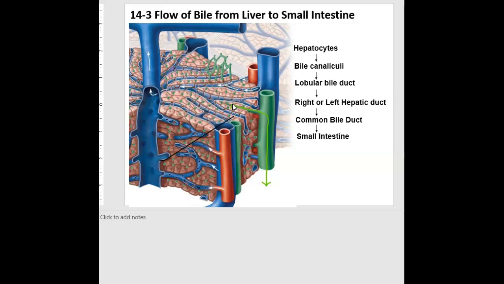It goes into the bile canaliculi, then into the lobular bile duct, and eventually this bile duct, which is part of a lobule, will lead to either the right or left hepatic duct. Then the right and left hepatic ducts merge to the common bile duct, and that common bile duct, of course, leads to the small intestine.